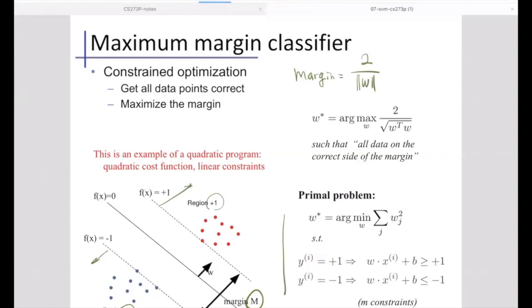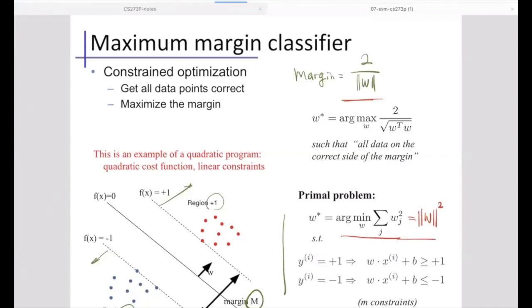Because we want to maximize the margin, that is equivalent to minimizing the norm of w, or the squared norm of w. So that was written here. We're going to minimize the norm of w squared. Minimizing the norm of w is equivalent to maximizing the margin. So in general, we write it this way.